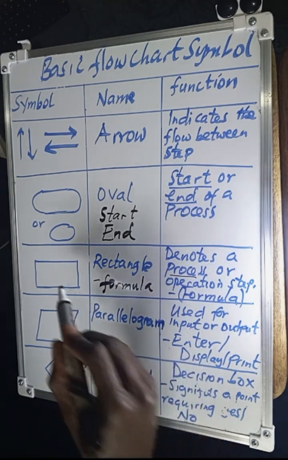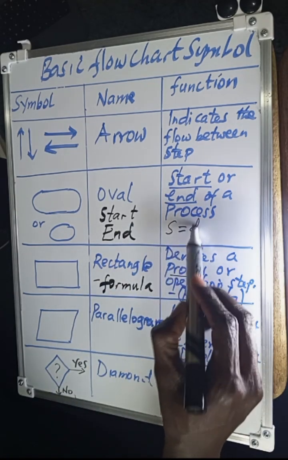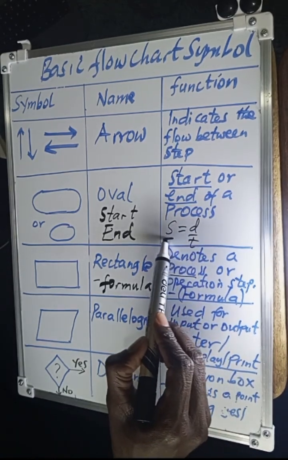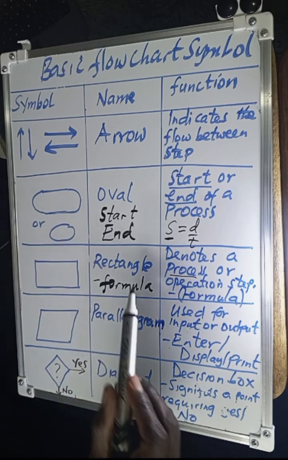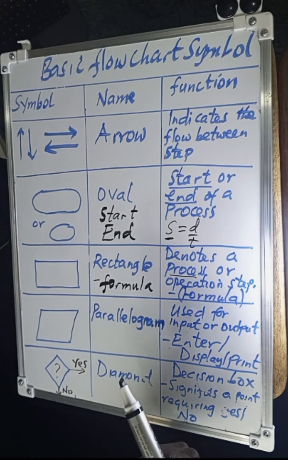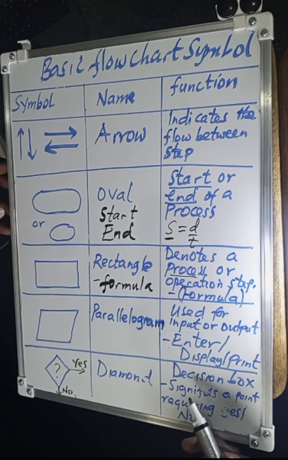For example, if I'm calculating speed, I know that speed is equal to distance divided by time. Such a formula, I can put it in that rectangle. So remember, a rectangle is where the formula is going to be put. It denotes a process or an operational step that you need to take.